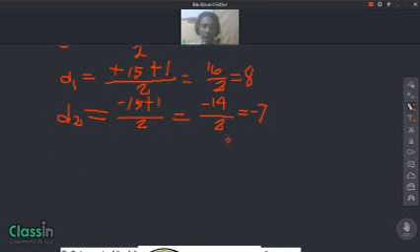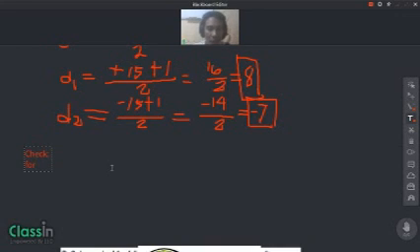So the solutions of our quadratic equation are 8 and negative 7. These are the values of d. So we have two values of d. Now, let us check our answers.